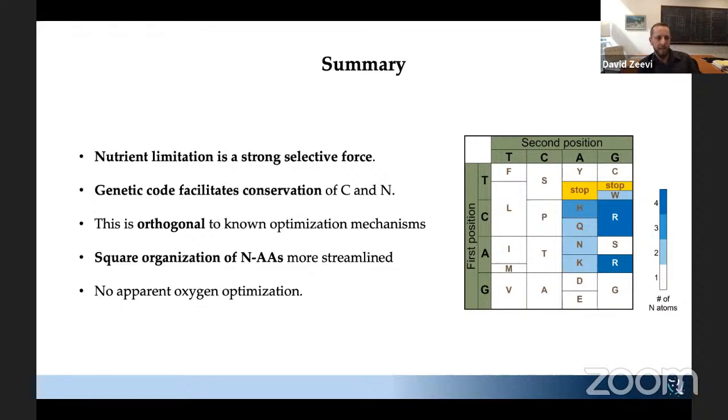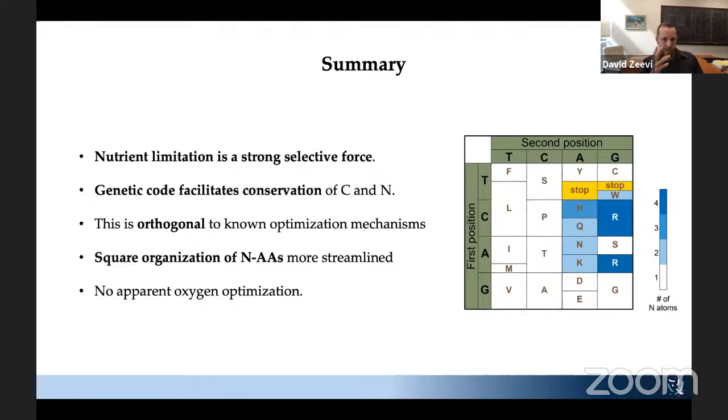I showed you that the genetic code facilitates conservation of carbon and nitrogen, and this is orthogonal, or added, to known optimization mechanisms of the genetic code, and that some structural characteristics of the genetic code make it more streamlined in terms of nitrogen and probably also carbon conservation. The last thing I want to talk about is that there's no apparent oxygen optimization in the genetic code. We saw optimization for nitrogen and for carbon, but not for oxygen.